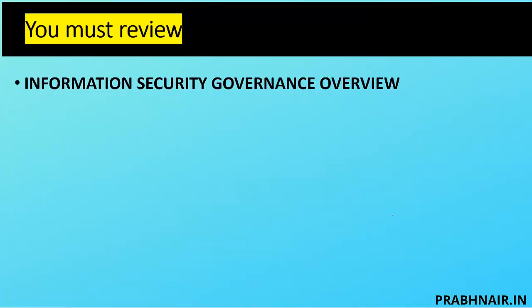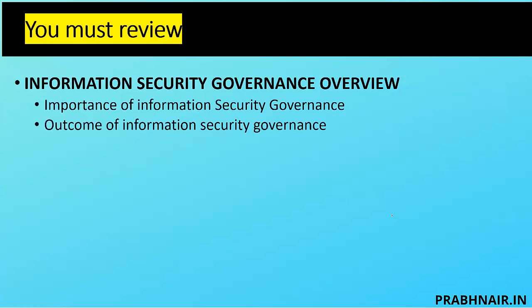Now, the next thing is that you must review the overall information security governance. From an organization perspective, information security governance is increasingly critical as the information has grown in the organization. So what is the outcome of information security governance?